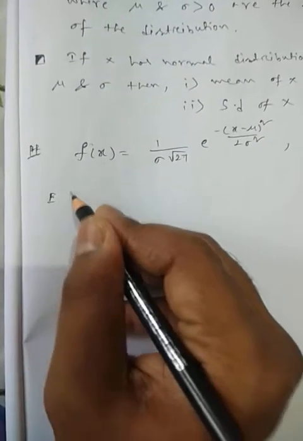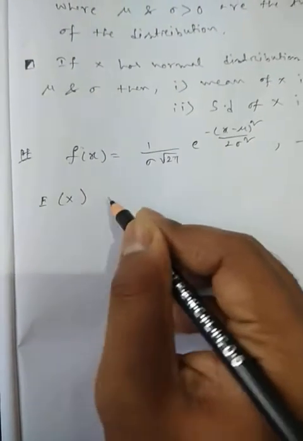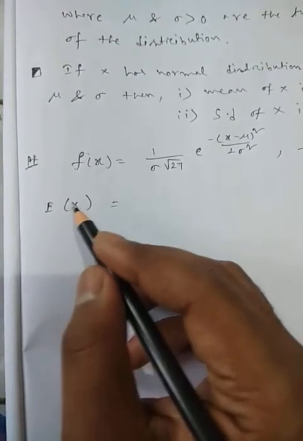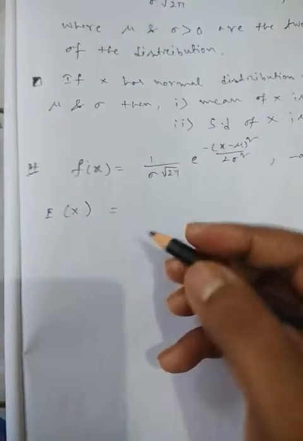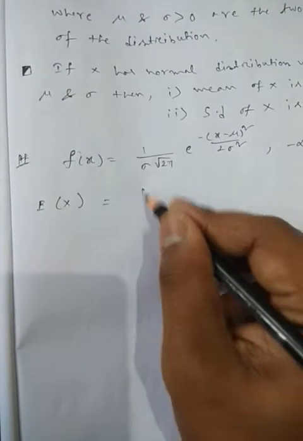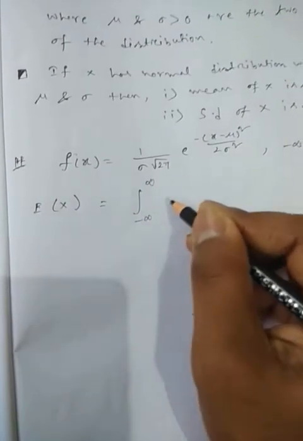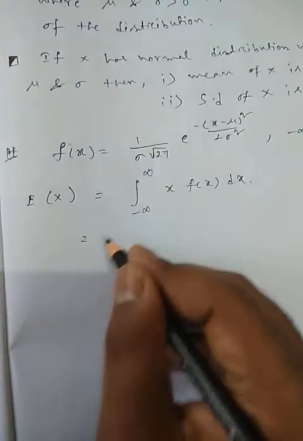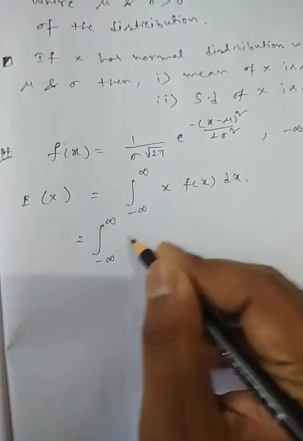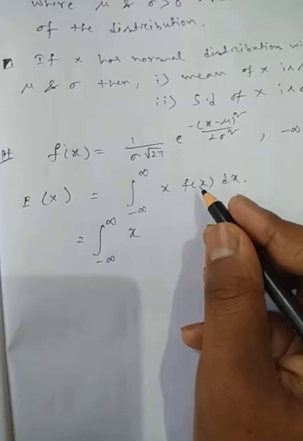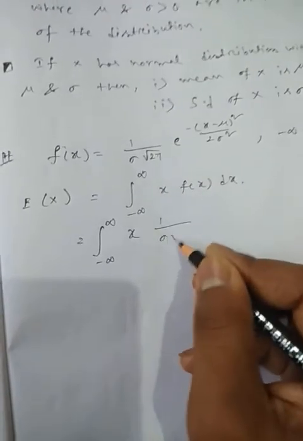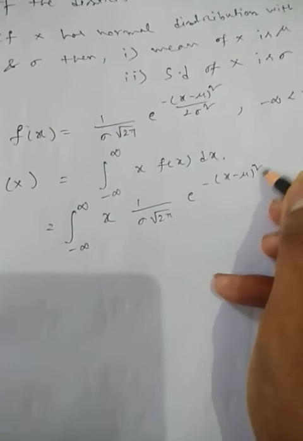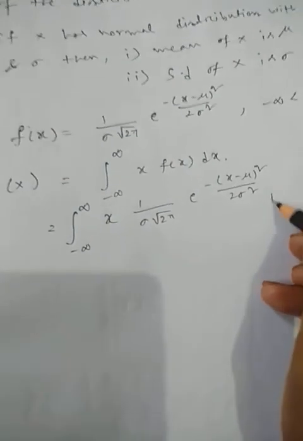The mean is also denoted by E(x), the expectation of x. So E(x) is the integration from minus infinity to infinity of x f(x) dx. Putting the value of f(x), that is the distribution function, 1 by sigma root 2 pi e to the power minus (x minus mu) whole square by 2 sigma square dx.